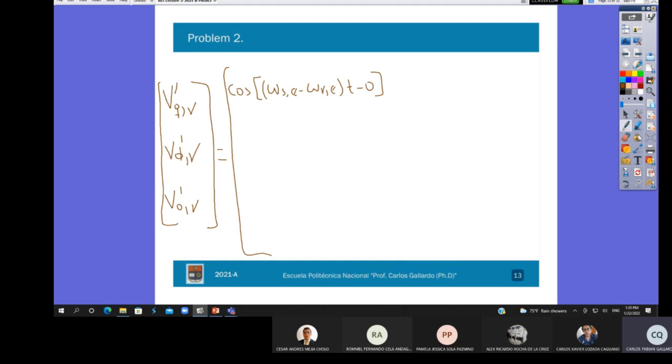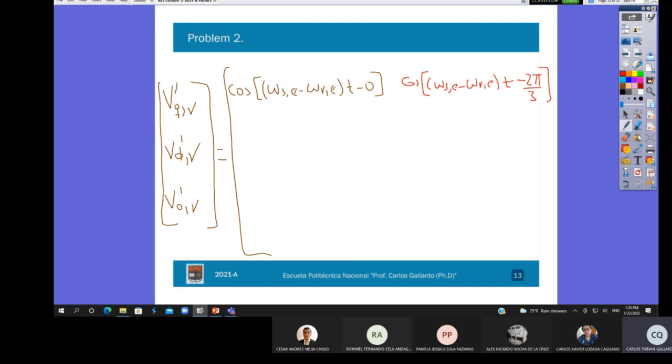For the element 1 by 2, I will use another color. This is the cosine of the stator electrical speed minus the rotor electrical speed, with a phase displacement of 120 degrees. This is the element 1 by 2.